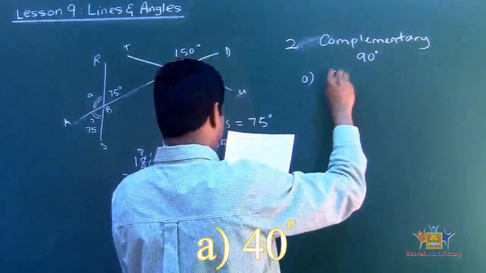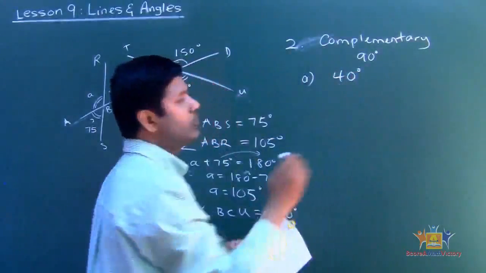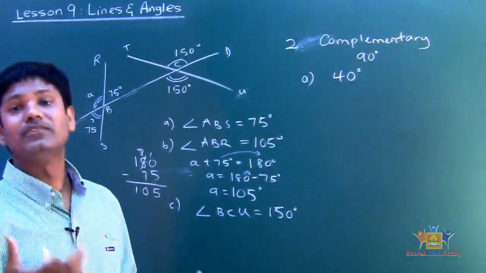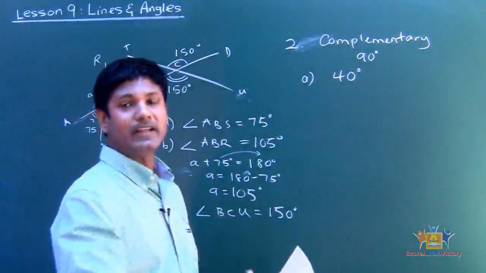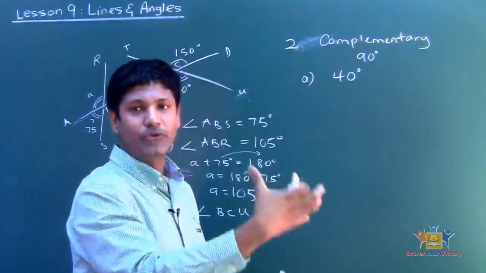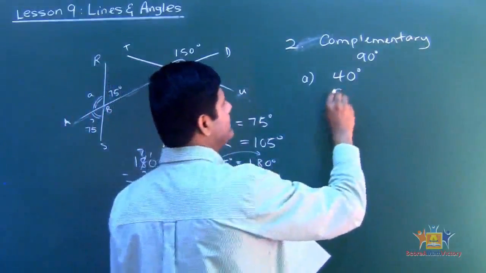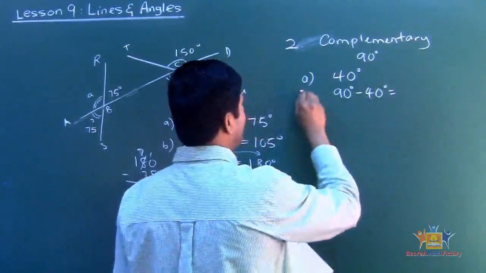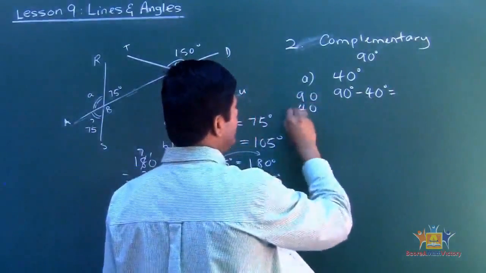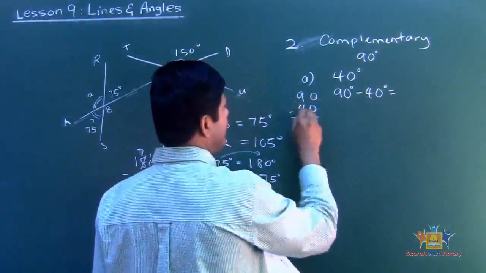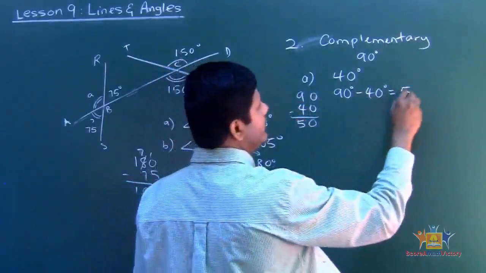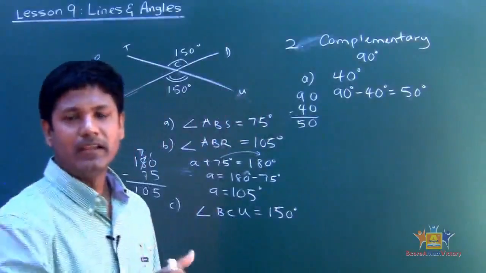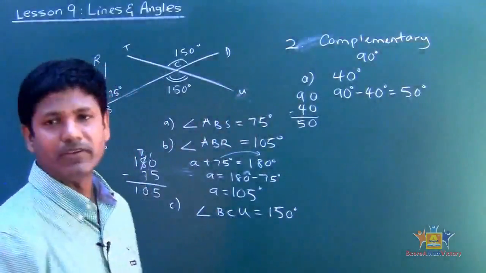For A, if it's 40 degrees, what is the complementary to 40? 90 minus 40, because 40 plus the other angle should give you a total of 90. Line it up: 0 minus 0, 9 minus 4 is 5. So 50 degrees. 40 and 50 are complementary; they total 90 degrees.